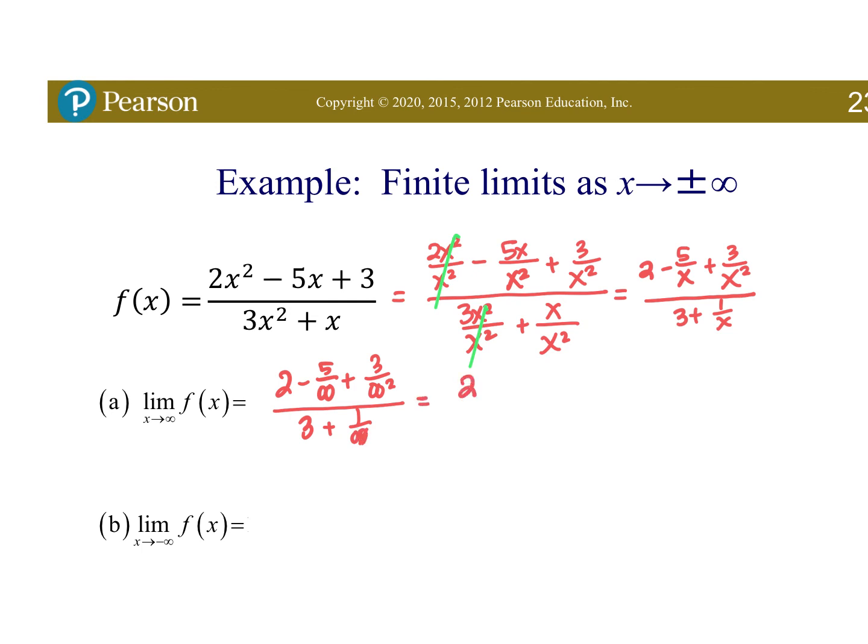So we're looking at 2, and then minus 0 plus 0, and then 3. So we end up with 2/3, but we're on the upper side of that. So we're on the upper side of 2/3 as our horizontal asymptote. Okay, then we're going to do the same thing for negative infinity. This time we're going to end up with 2/3, but we'll be on the lower side.